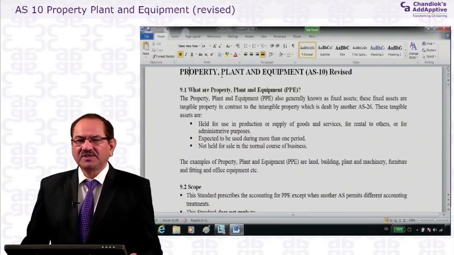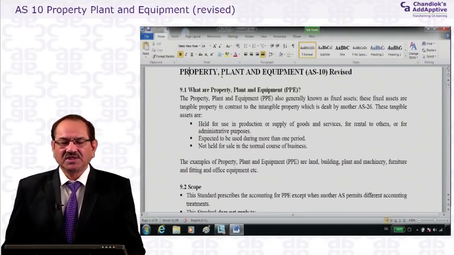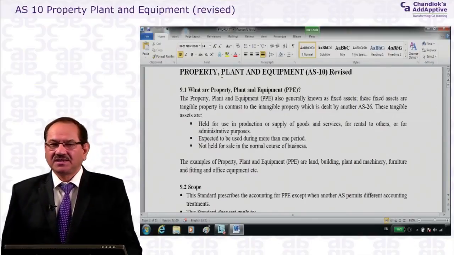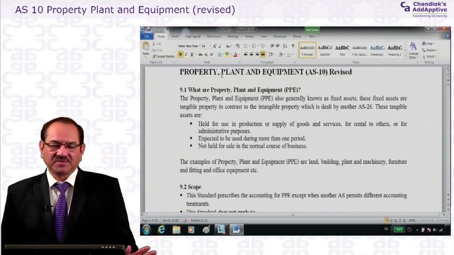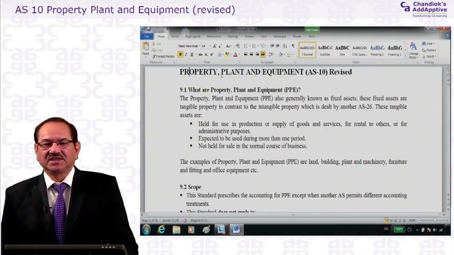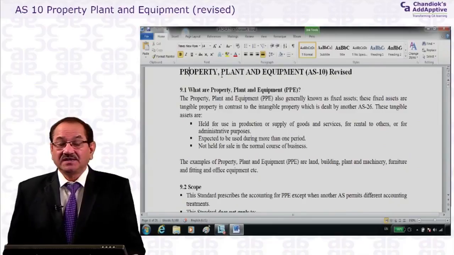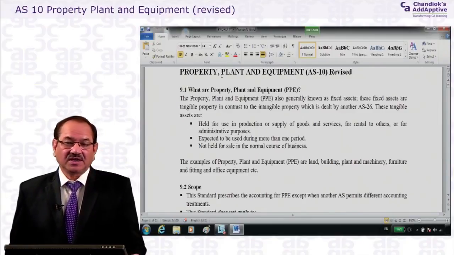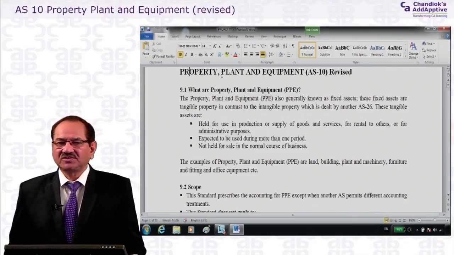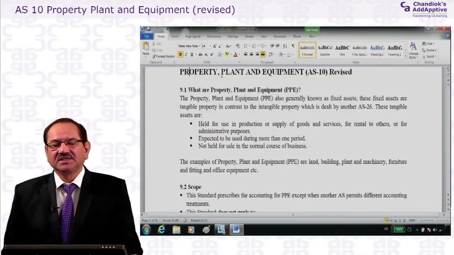You may not even notice them. There is a change in Accounting Standard 13 regarding investments, where there was investment property, and a little bit of change is there. And there are changes in Accounting Standard 29 and Accounting Standard 21. So these are a few consequential changes.